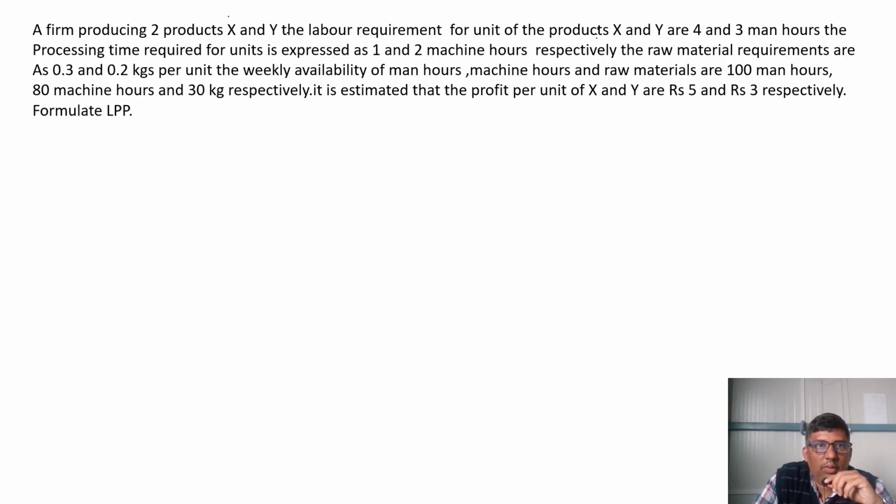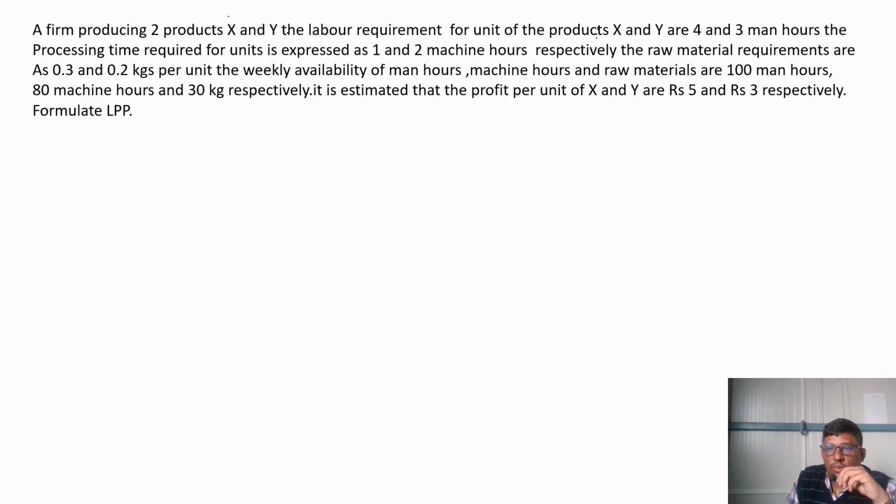The raw material requirements are 0.3 and 0.2 kg per unit. The weekly availability of man hours, machine hours, and raw materials are given as 100 man hours, 80 machine hours, and 30 kg respectively. It is estimated that the profit per unit of X and Y are rupees 5 and rupees 3 respectively. Formulate LPP.